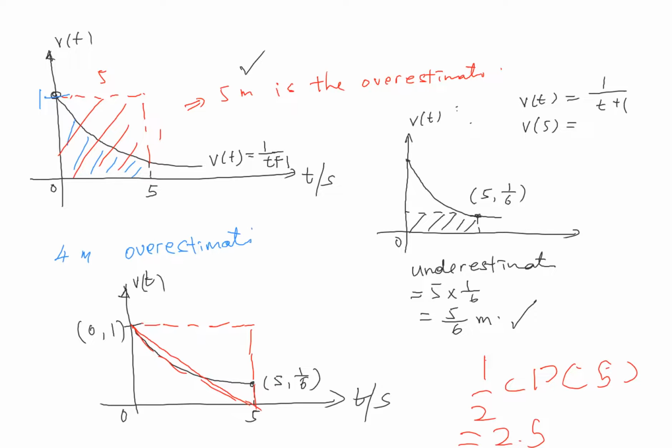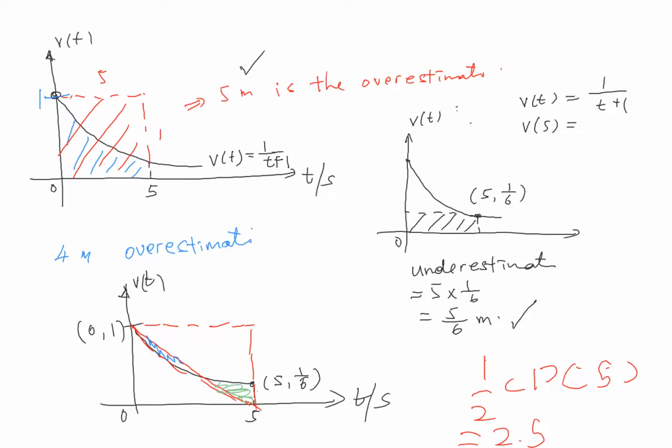So are you sure this is over? Are you sure this area, which is not covered, is bigger than this area? This blue area, which area is bigger, blue area or green area?